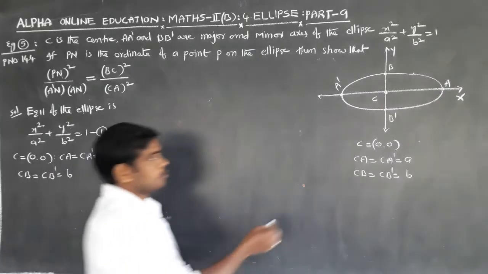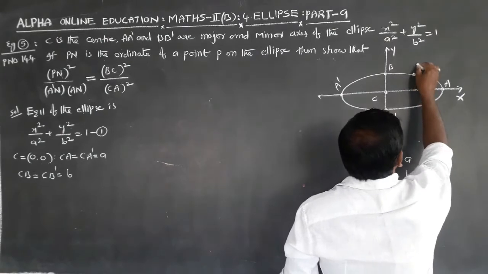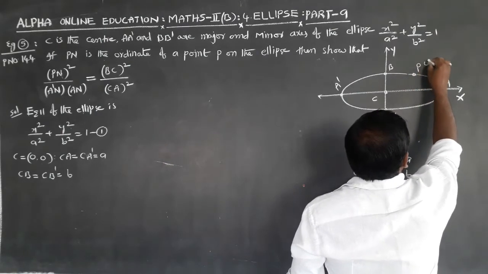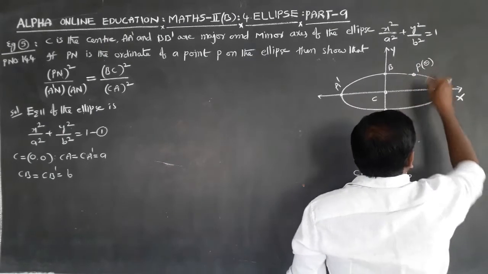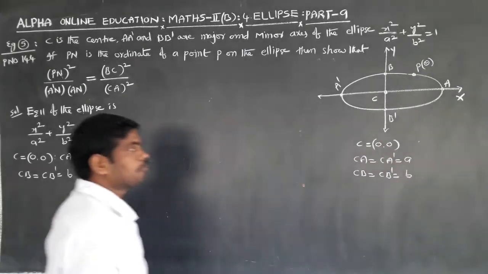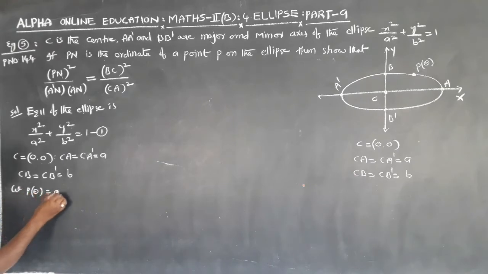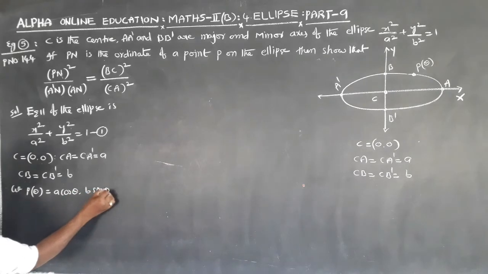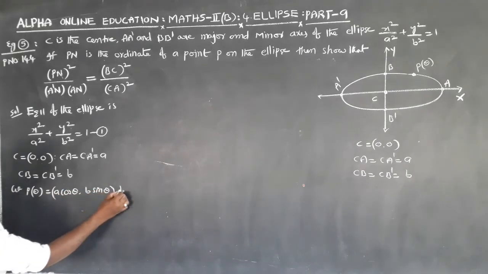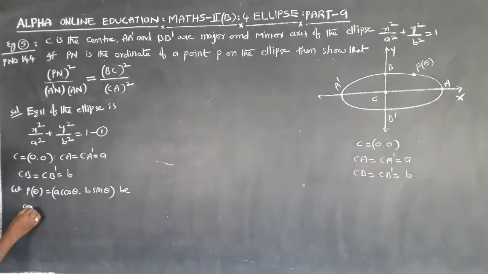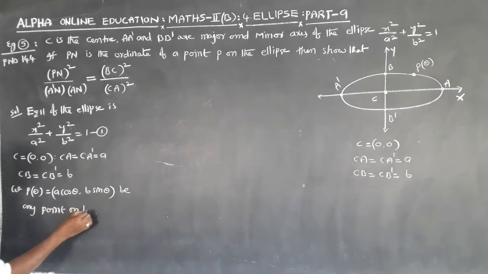Here let P be any point on the ellipse. Let P(θ) = (a cos θ, b sin θ) be any point on the ellipse.